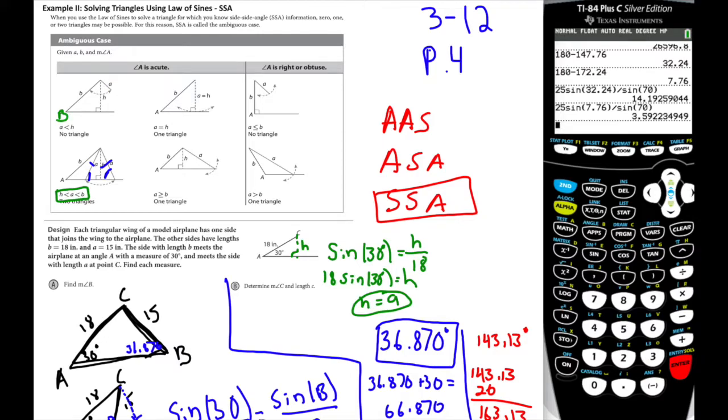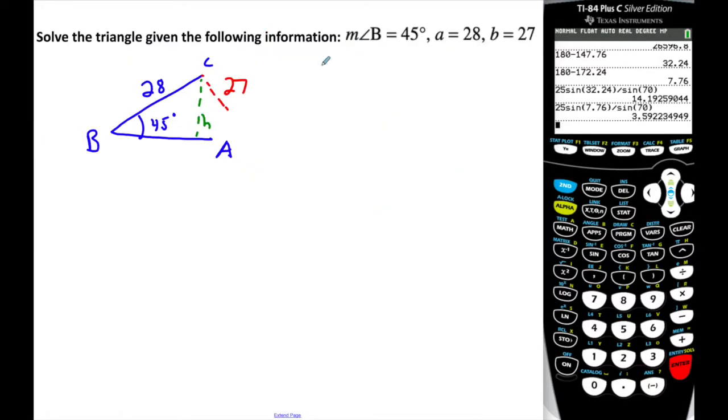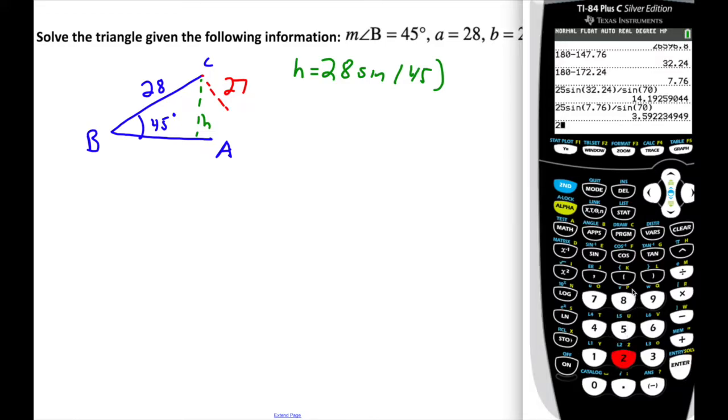So let's see what happens. So we know that the height is equal to 28 times the sine of 45. Now, I know you're thinking, Mr. Murray, this got to be 45, 45, 90. That's not necessarily true.